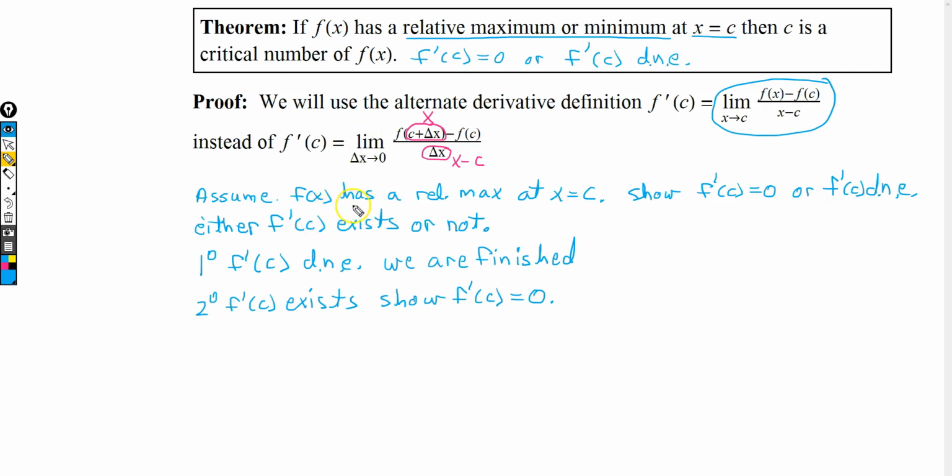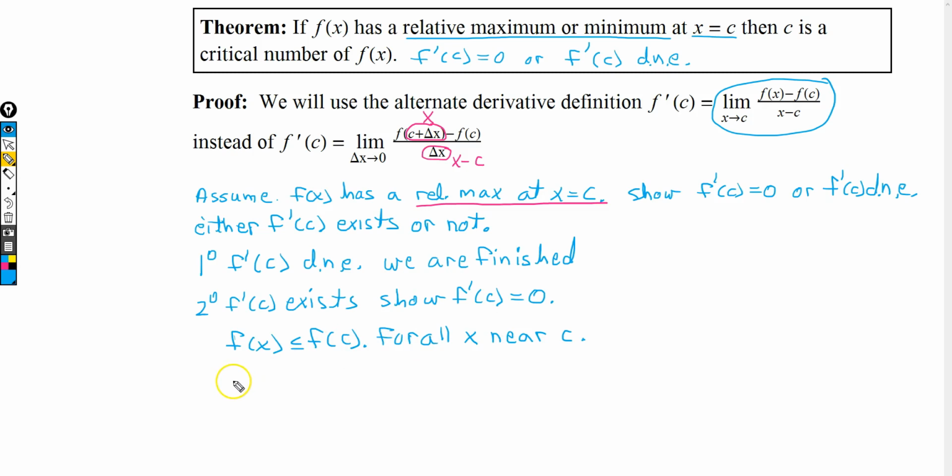If we're assuming f of x has a relative maximum at x equaling c, then what that means is that f of x is less than or equal to f of c for all x in a neighborhood of c. We'll say all x near c, right?